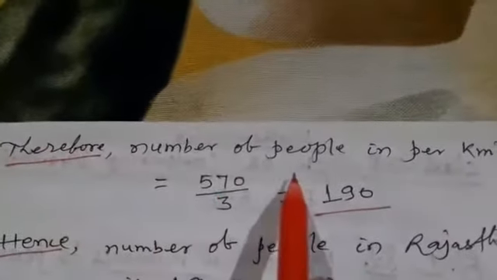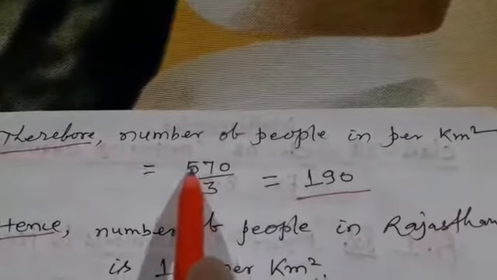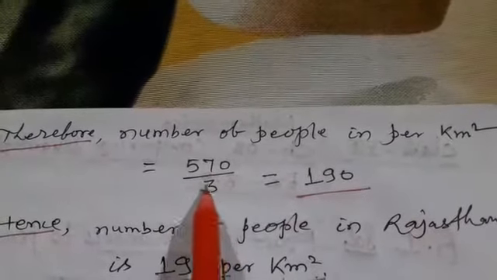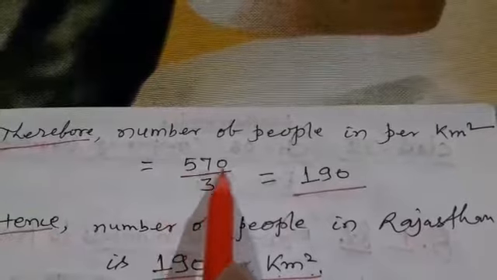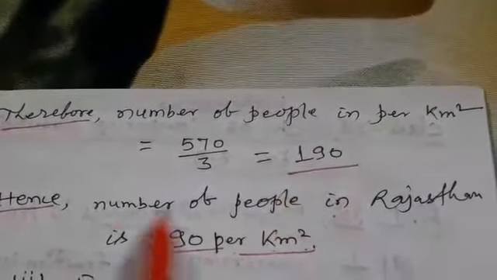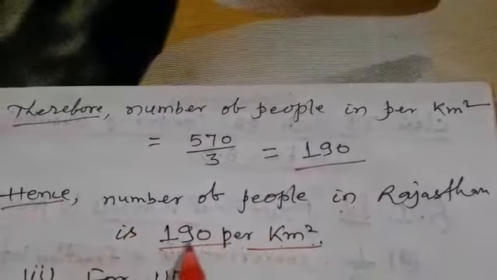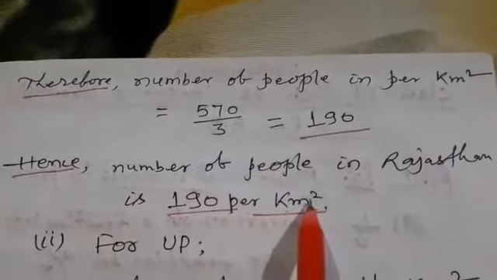Therefore, the number of people per kilometer square is equal to the number of people divided by the area. So 570 divided by 3 is equal to 190. Hence the number of people in Rajasthan is 190 per kilometer square.